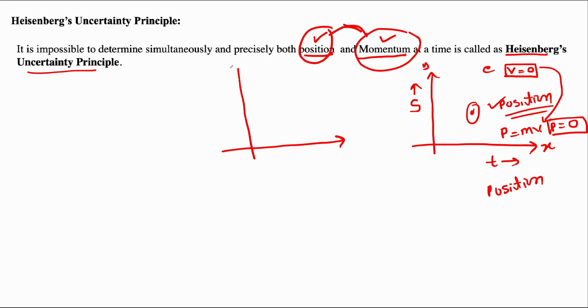Once again, two-dimensional space. Here x-axis, y-axis. In the x-axis let us take time and in the y-axis let us take distance. So this is the curve which we can see.